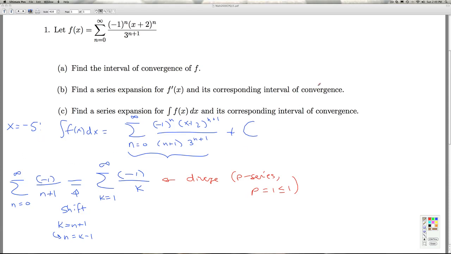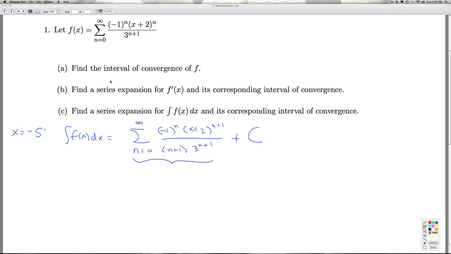Now we have to go check the other endpoint. Alright, now we got to go check the other endpoint. So the other endpoint to check is x equals 1. So we're going to plug that in to the series, and we get the summation n equals 0 to infinity, (-1)^n (1+2)^(n+1) over (n+1) 3^(n+1).